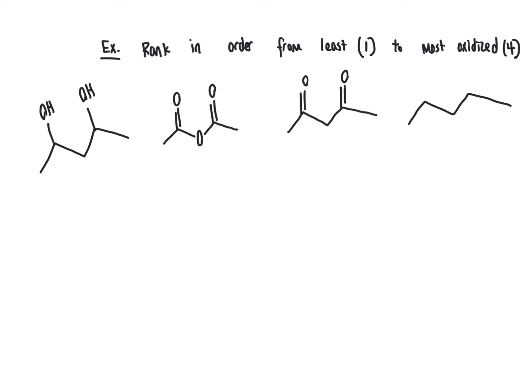So counting the number of carbon-oxygen bonds in each case is going to allow us to determine what is most oxidized, because most oxidized is going to correspond to the largest number of carbon-oxygen bonds. Least oxidized is going to be the lowest number of carbon-oxygen bonds. Counting that up or highlighting that through here, in the case of the structure on the left, we have 2 CO bonds in place.